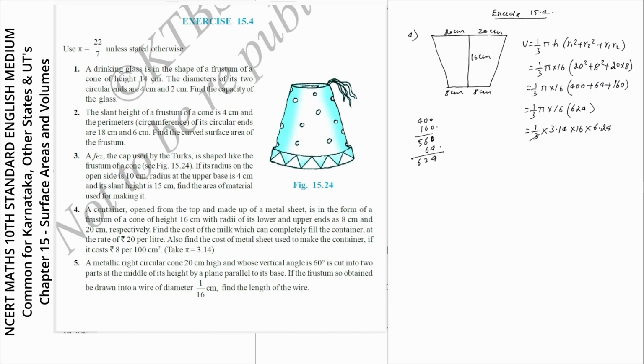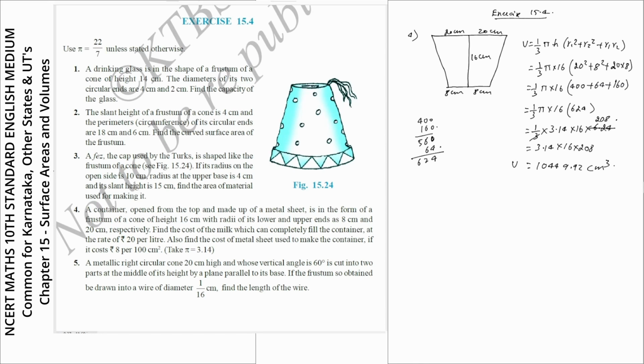Now 3 1s are 3, 3 2s are 6, then 3 8s are 24. So this is 3.14 into 16 into 208. So this you will get as 10,449.92 centimeter cube. Okay, this is the volume.